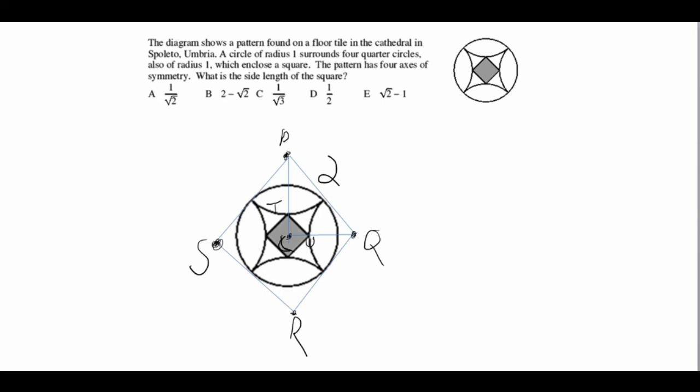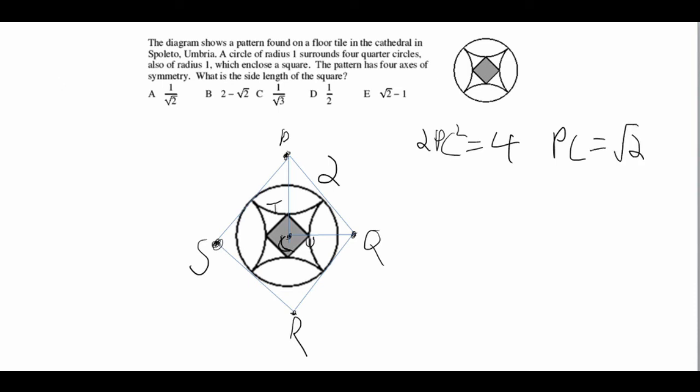So we know that the length PC is equal to CQ because of the symmetry of the shape, and so we can say that 2 PC squared is equal to 4, and therefore PC is equal to root 2.